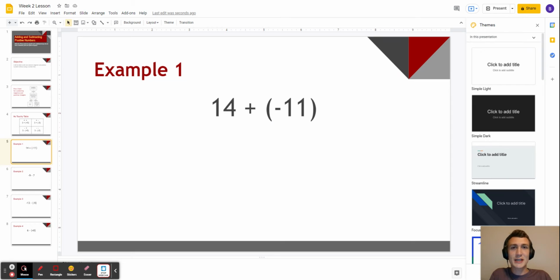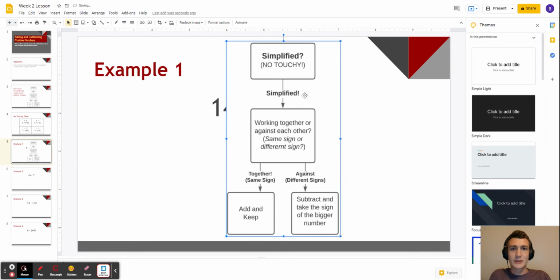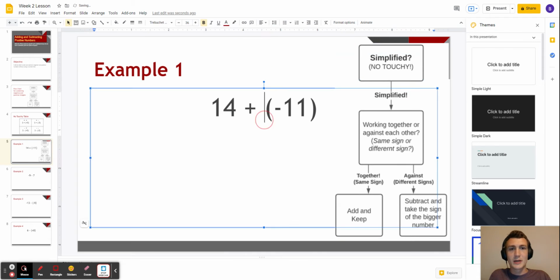So this first example is 14 plus negative 11. And if we look at our flow chart here, let me copy this over. If we look at our flow chart, we need to do a few things. First off, we need to check if it's simplified. No touchy.